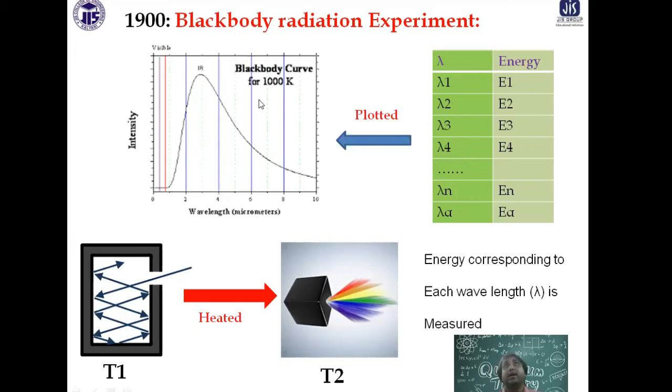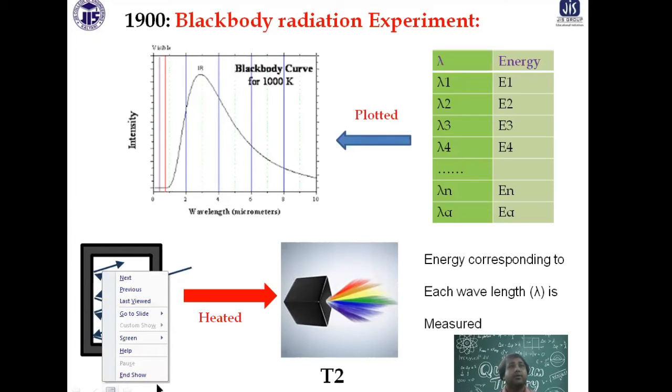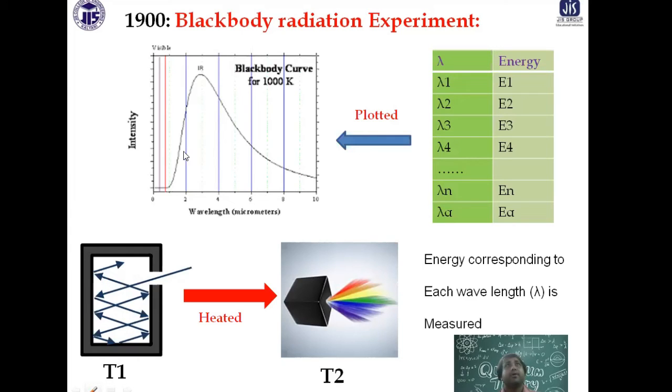If you look at the graph, this graph has a few portions. You see, for small lambda, for small wavelength, the graph initially grows up. For high lambda, the graph falls down. You can see here, please see, this is a region.